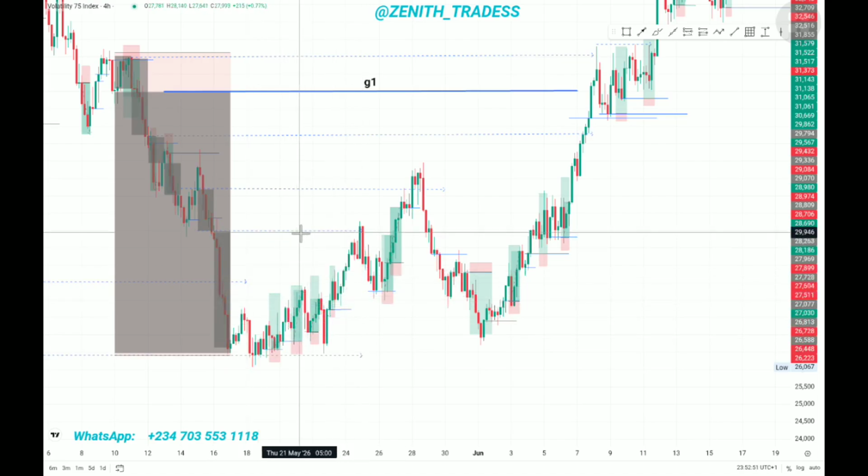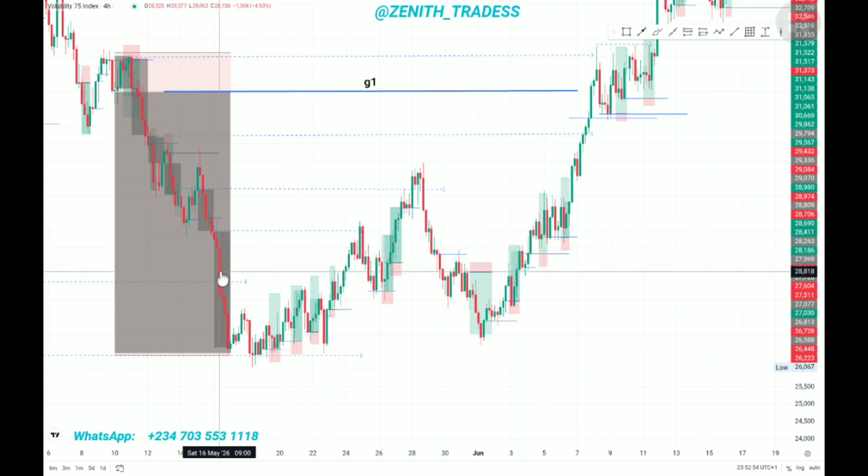Look at the first daily open we just marked. Look at the daily candles we marked. How many 4-hour candles are inside it? Right? 6. 1, 2, 3, 4, 5, 6. The next one here, how many? 1, 2, 3, 4, 5, 6.